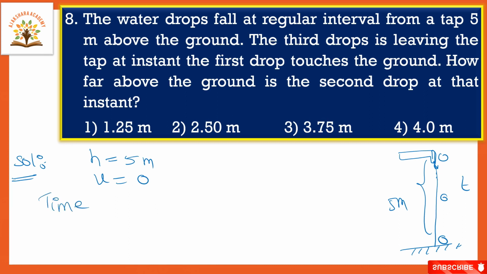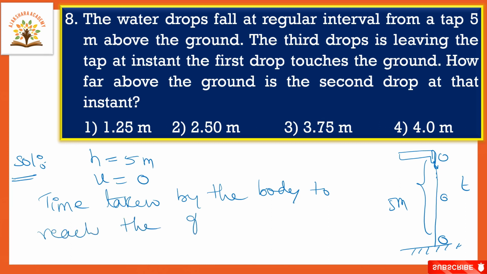Time taken by the body to reach the ground: h is equal to ut plus half g t square. u is equal to 0, so 0 into t is 0, leaving half g t square.